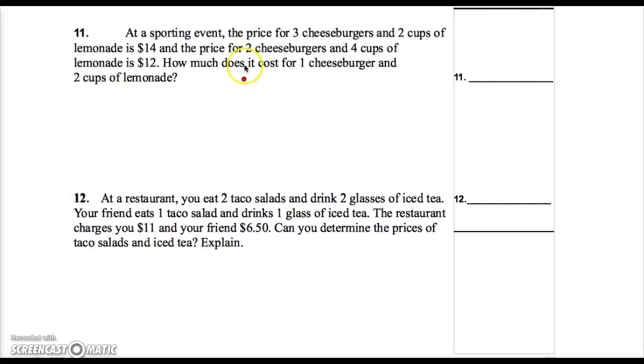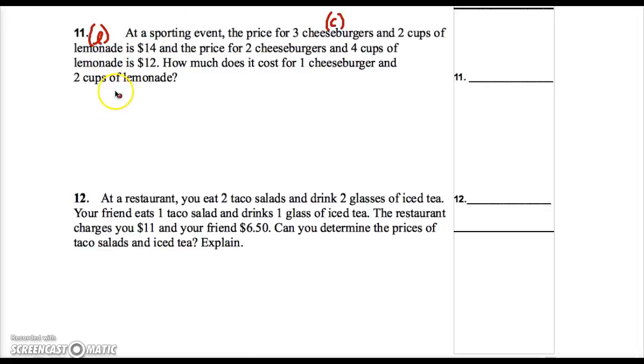Okay, and remember we just take one thing at a time that they give us. So the very first piece of information they give us is the price for 3 cheeseburgers. I'm going to use a C for cheeseburgers. And 2 cups of lemonade, and I'm going to use a cursive L for lemonade. Reason I'm not going to use a regular L is because it looks too much like a 1.